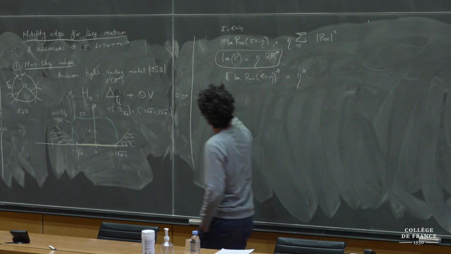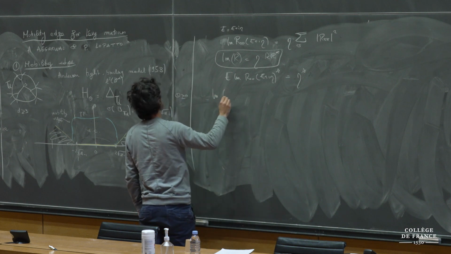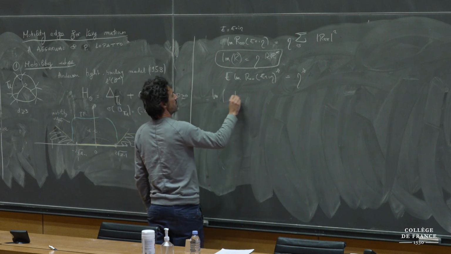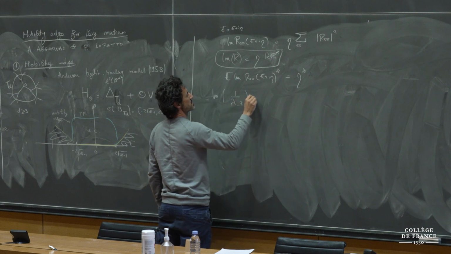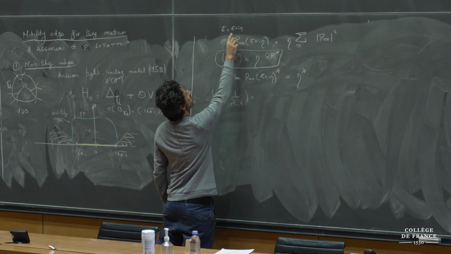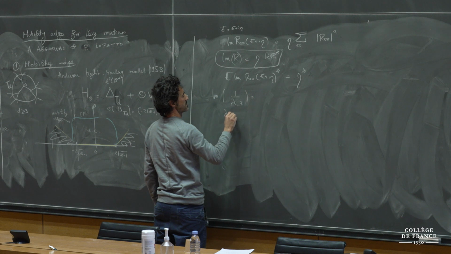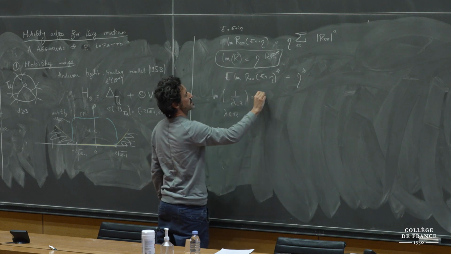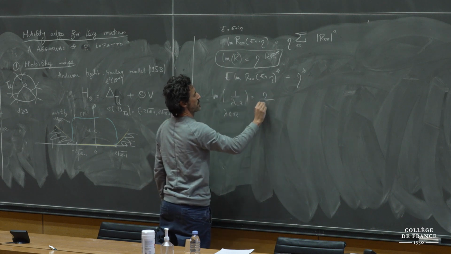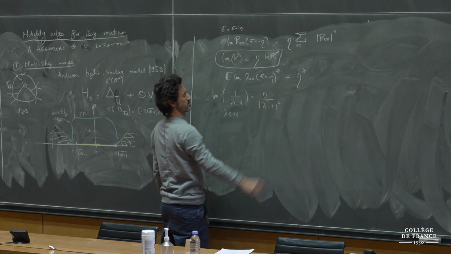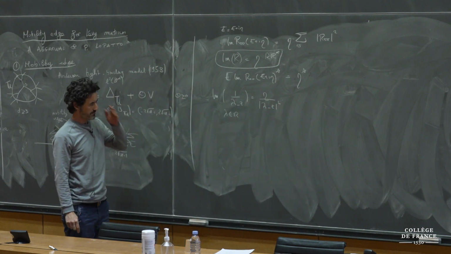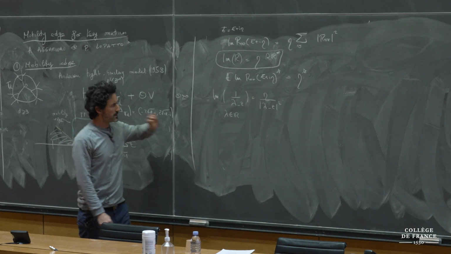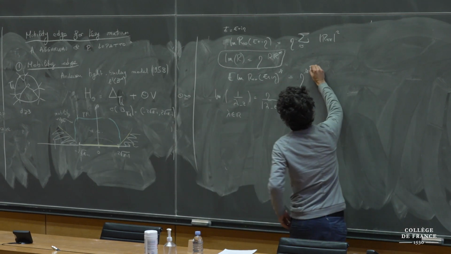It's just because the imaginary part of 1 over λ minus z, with λ which is real and z like that, is η divided by |λ minus z| squared.